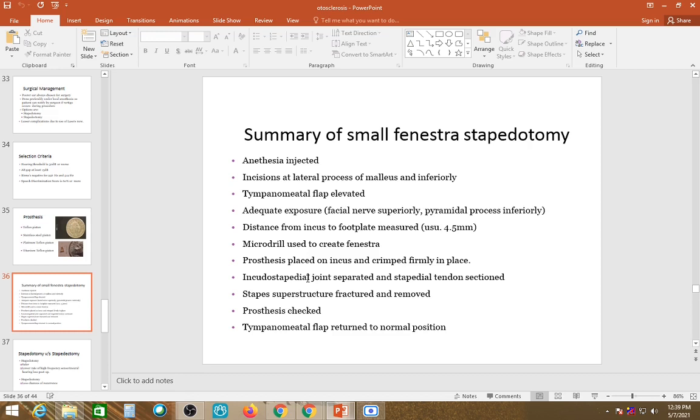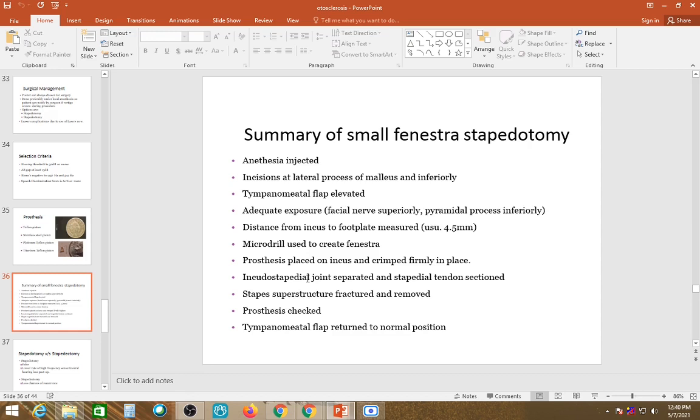Summary of small fenestra stapedotomy. Anesthesia injected. Incisions at the lateral process of the malleus and inferiorly. Tympanomeatal flap elevated. Adequate exposure: facial nerve superiorly, pyramidal process inferiorly. Distance from incus to footplate measured, usually 4.5 mm.